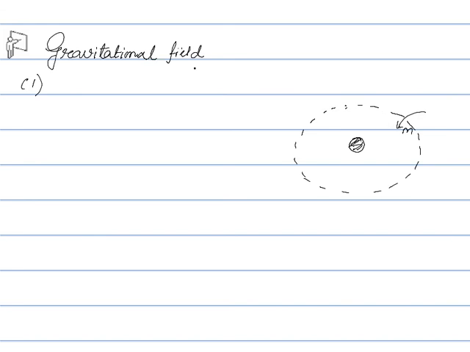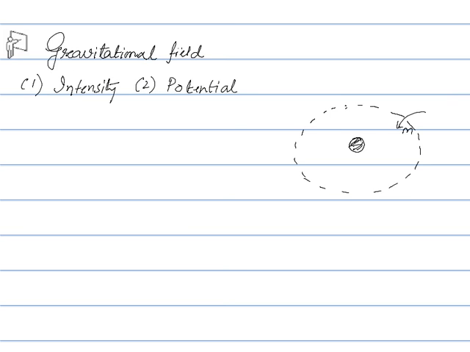The strength of the gravitational field can be measured either in terms of intensity, this is force per unit mass, or in terms of potential. Now we will see what is gravitational intensity and what is gravitational potential.